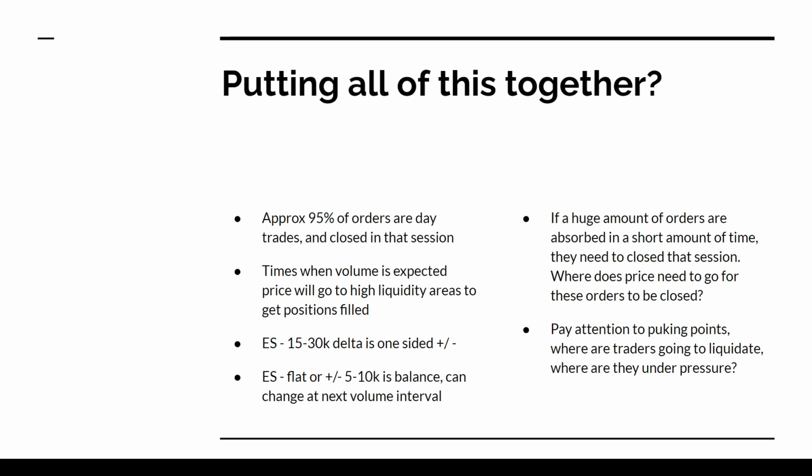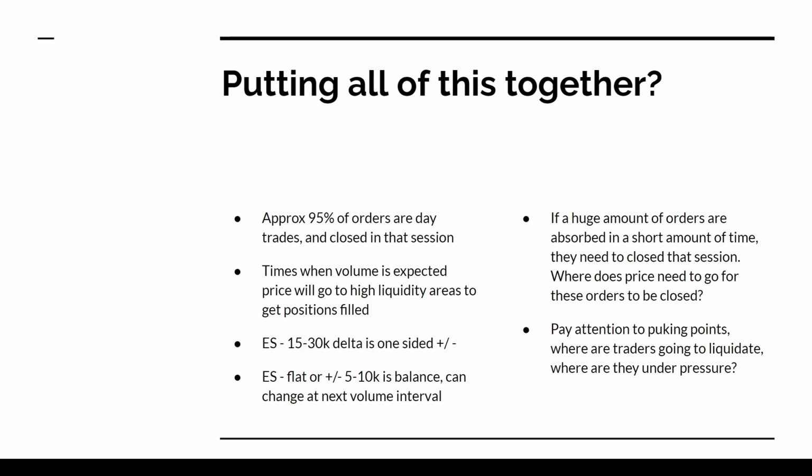Very typically on a Monday or Tuesday, you're going to see ES somewhat flat, which is plus or minus 5 to 10k. When it comes to a higher volume interval, that can change in literally 5 minutes. As we noticed from the stream recently on Friday, that 5 and 6k delta can come in 5 minutes.